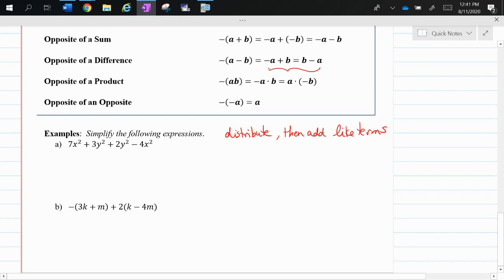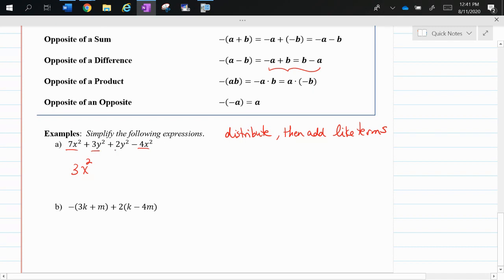So let's see, we're going to find our like terms in letter A, 7x squared and minus 4x squared. 7x squared and minus 4x squared are like terms. So that would be 3x squared. Notice I combined the coefficients and I kept the variable part the same.